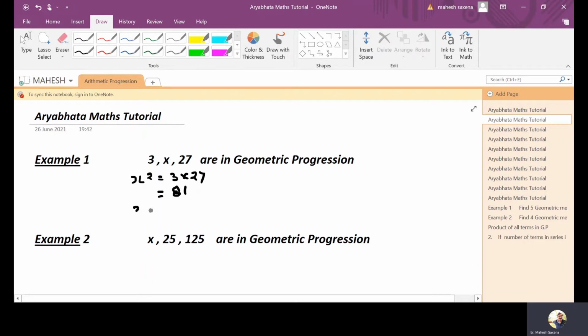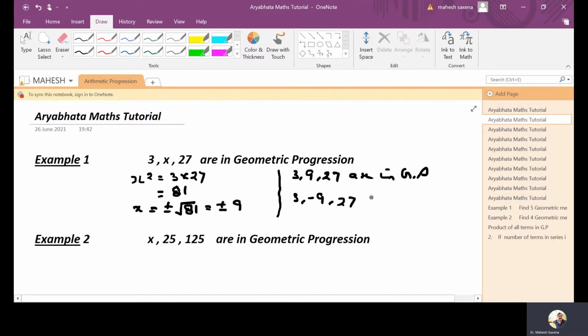Therefore, x is equal to plus minus under root 81, that is plus minus 9. Now, we can see that 3, 9 and 27 are in GP. If we assume x equal to minus 9, then 3, minus 9, 27 are also in GP.